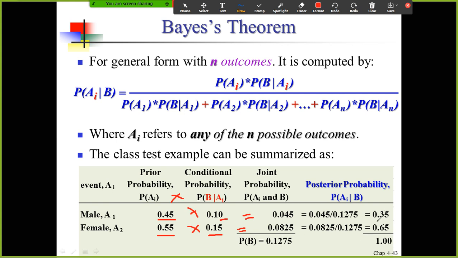But if you want to find the probability among the fail group, if male, this one. If you want to find the probability among the fail group, if female, this one. Okay, so maybe based on this, it is a little bit easier for you to understand.